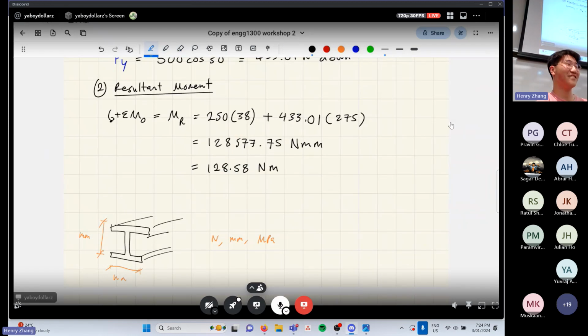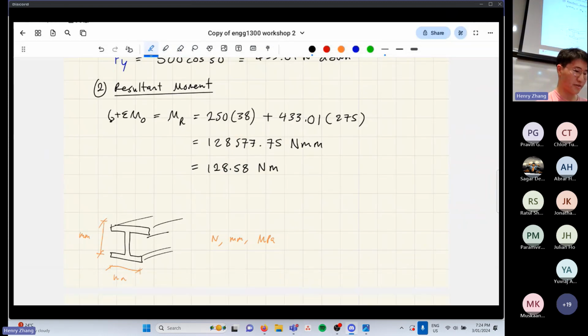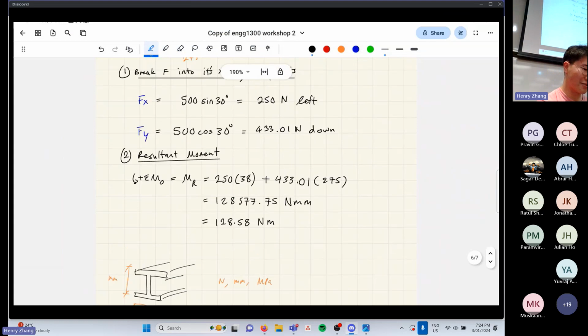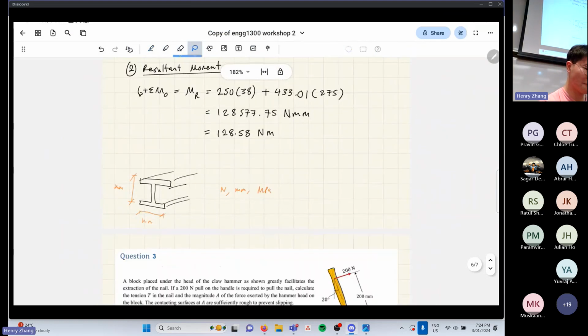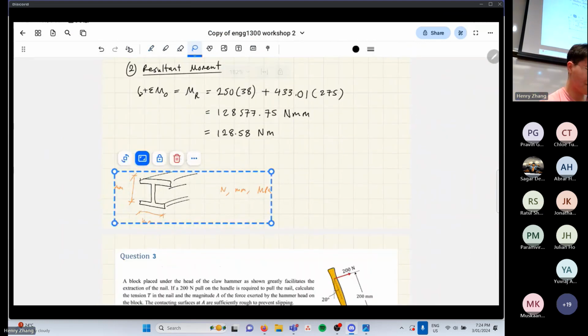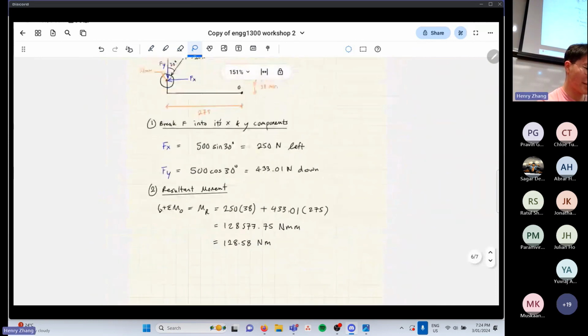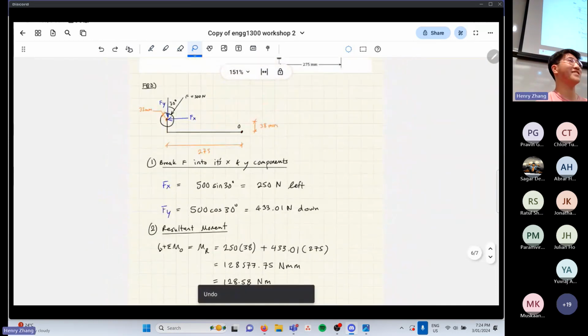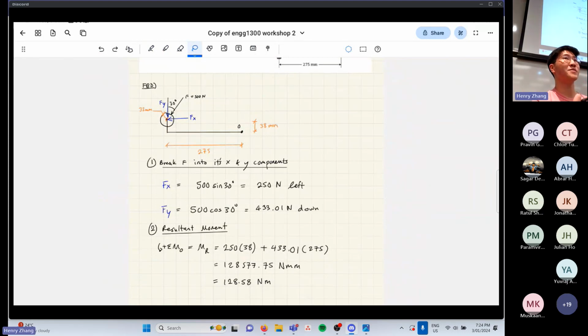Okay, sure. So that's basically the resultant moment, kind of. I'm going to delete this. That's the way you think about it in terms of resultant moment, except after this workshop we're going to release the solutions for this question, and the way they do it is a little bit different.